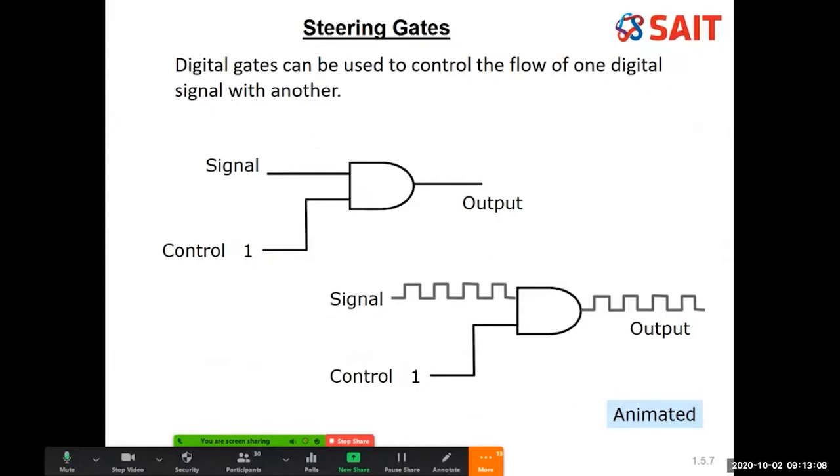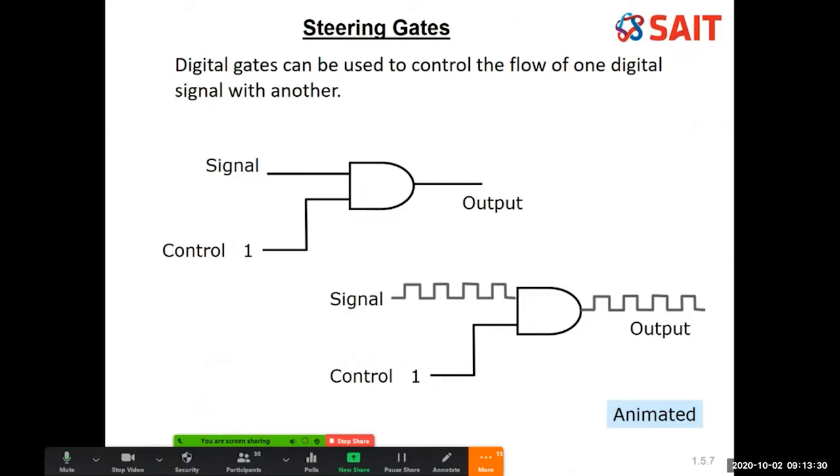So here's an application of an AND gate. An AND gate is often used as what's called a steering gate. We can either pass a signal or stop a signal from going past. We can enable a signal to be transmitted, or we can shut it off, much like a switch.